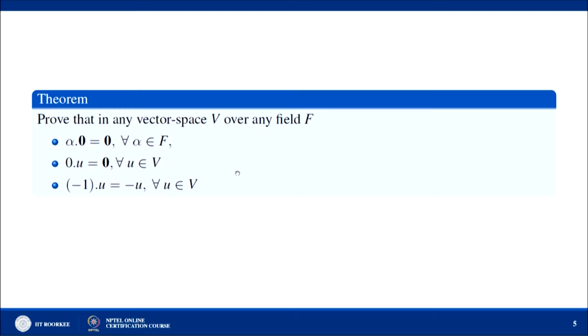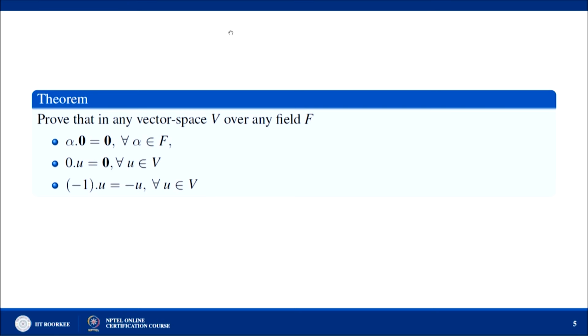Now, these are important theorems: in any vector space over any field F, these three properties also hold, and it is very easy to prove. The first property is alpha dot 0 equals 0, for all alpha in the field.